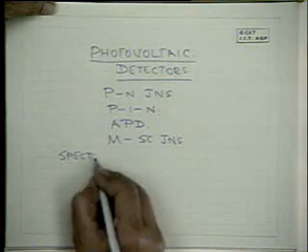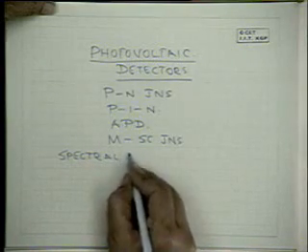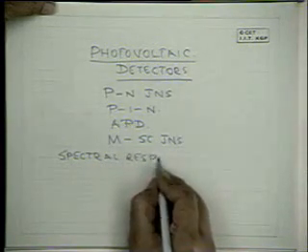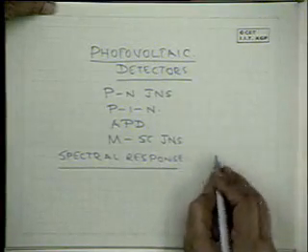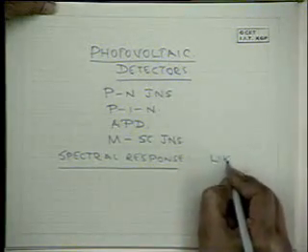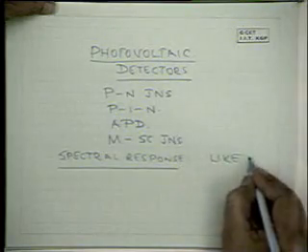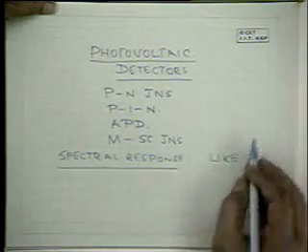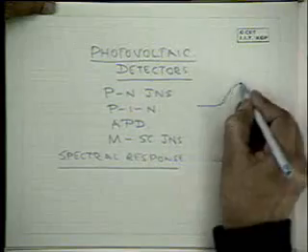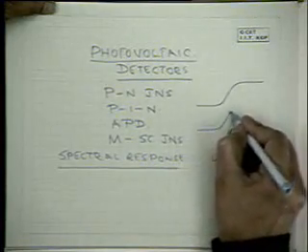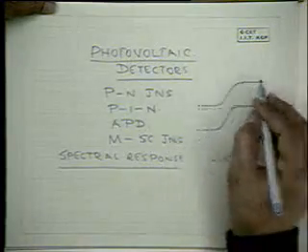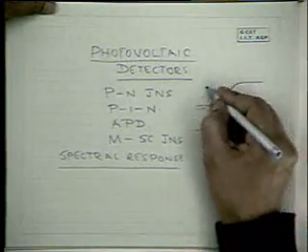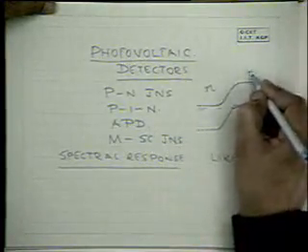If you consider broadly their properties, spectral response is almost like photoconductive detectors, because after all, in this case you have a PN junction.